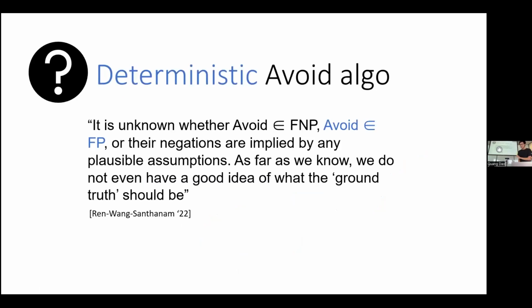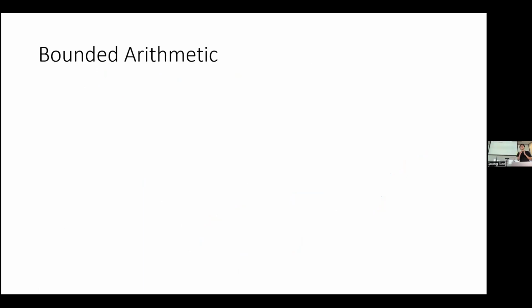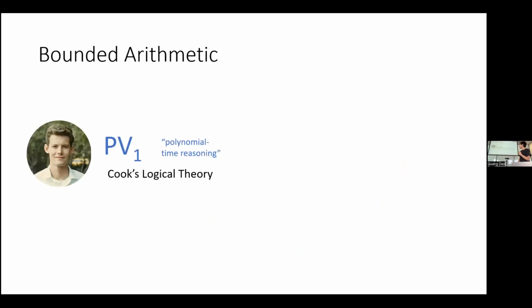Before going on to talk about our result, I want to introduce another consequence of our paper. Bounded arithmetic is something invented by Cook, which captures the complexity of reasoning.